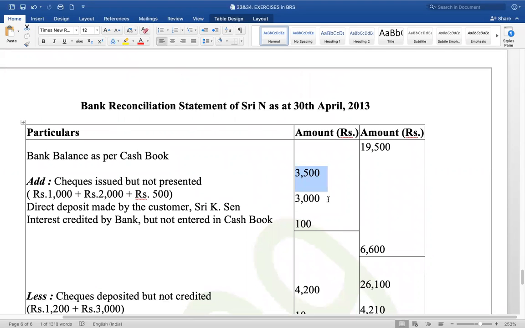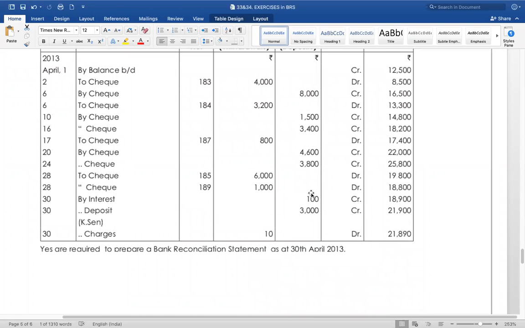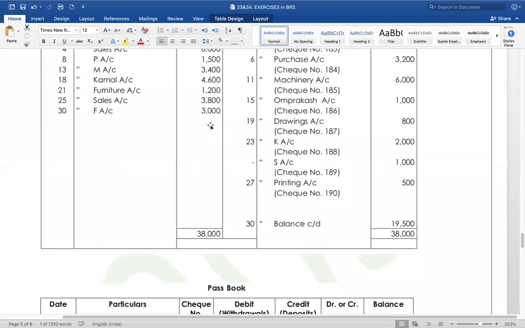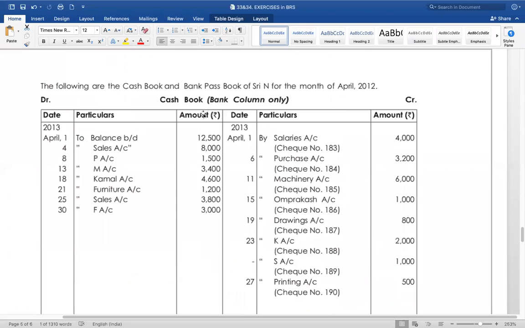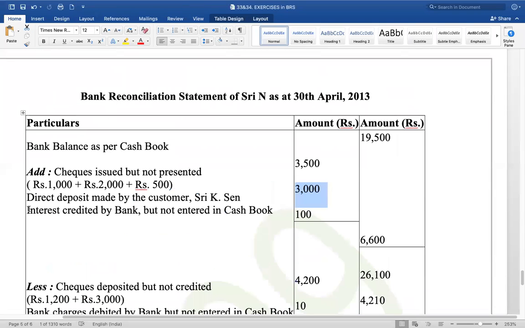Okay, 3,000. And not only that, the bank has credited some interest, that is income. Thereby the balance as per passbook increases, but the corresponding increase is not reflecting here. So to increase the balance as per the cash book, you have to add interest credited by the bank but not entered in the cash book, 100.